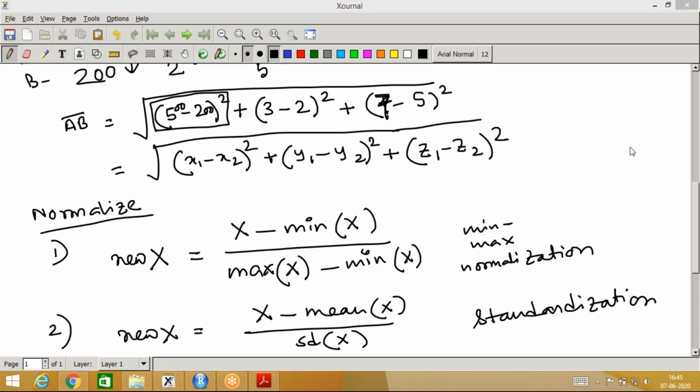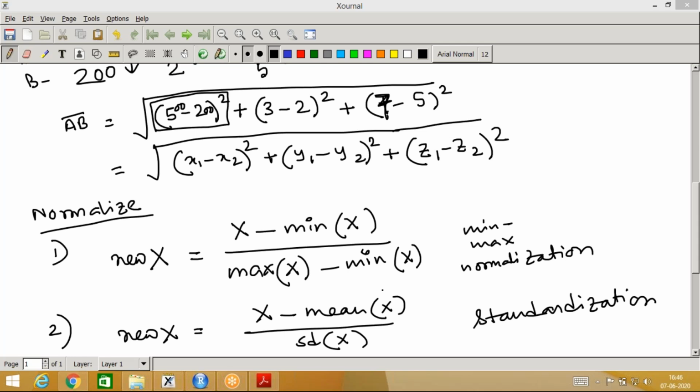The first one makes the x-axis, whatever variable it is, keep between 0 and 1. It holds it in between 0 and 1. And the second one basically changes it to their z value, their standard normal value. If you remember, their z value, that is what they convert it to. So x minus mean x by standard deviation x.